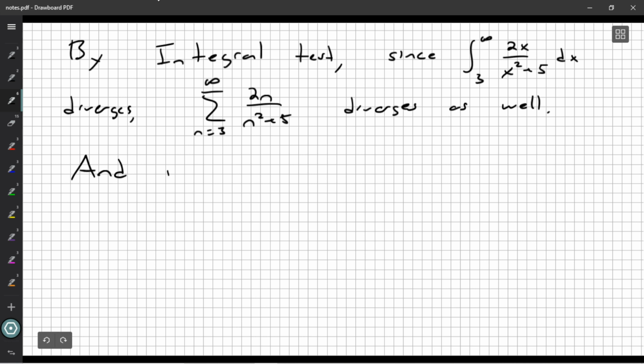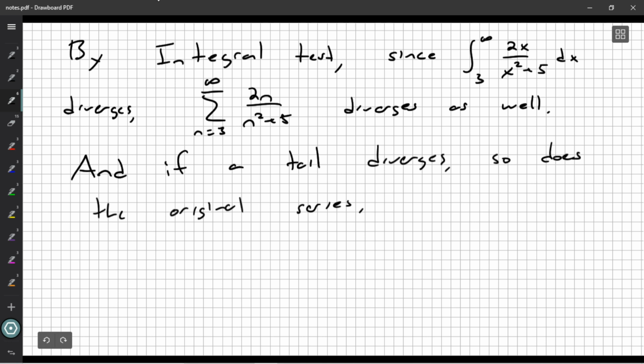It was just a tail. And so if a tail diverges, so does the original series. Okay, so what have we shown? Our given series diverges.